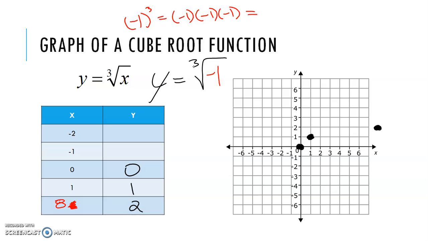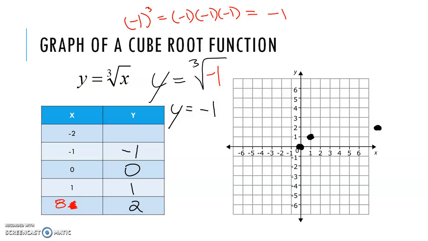If you multiplied 3 -1s together, it would still give you a -1. So therefore, y equals the cubed root of -1 gives us -1. And if you don't believe me, you can plug it in your calculator to know for sure. But I promise you, it is okay to have negatives if it is an odd root. So cubed roots, negatives are okay.